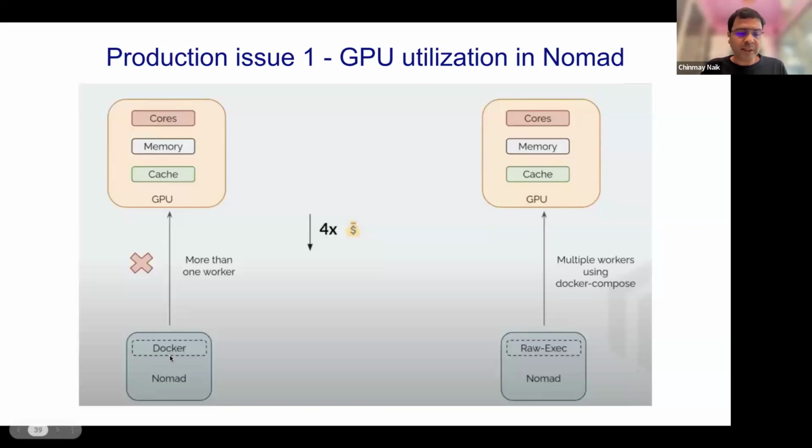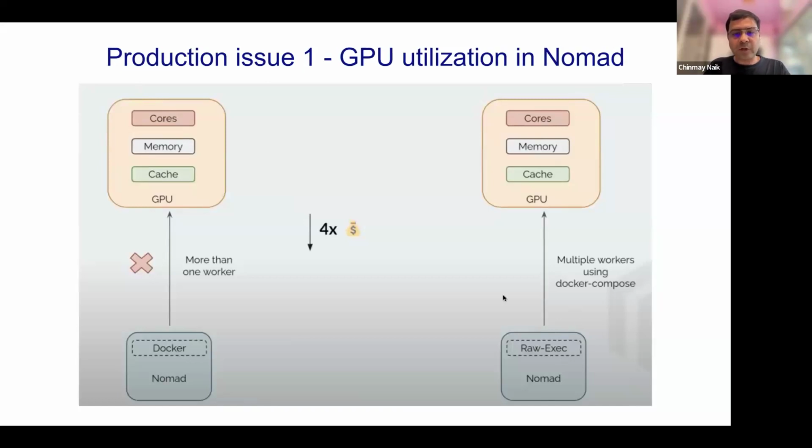But the way the Nomad scheduler works is that it does some sort of pinning to the GPU, and it won't allow other containers in the same VM to use it. So you couldn't run this using Nomad. What we ended up doing was raw Docker Compose and raw Docker exec using Nomad. Nomad was still used as a scheduler, but we were using Docker Compose up as part of a Nomad job essentially. That was a limit with Nomad, so we circumvented it.